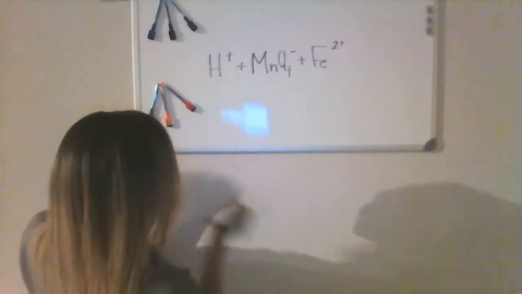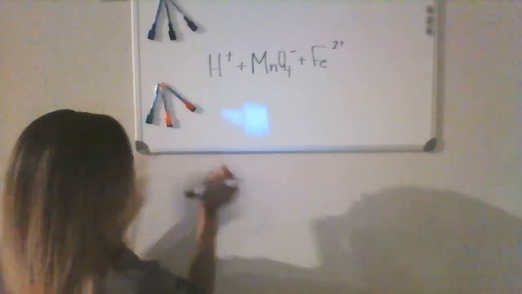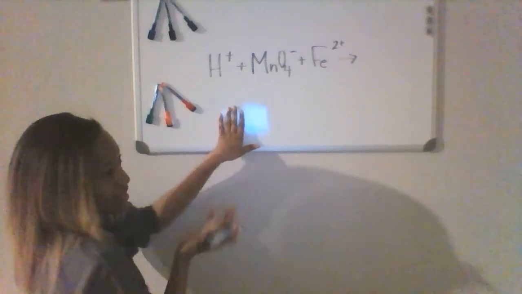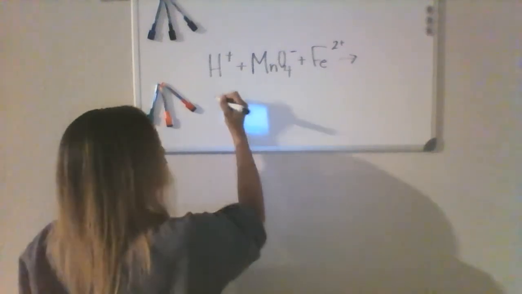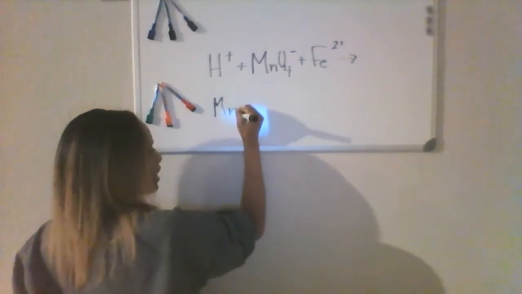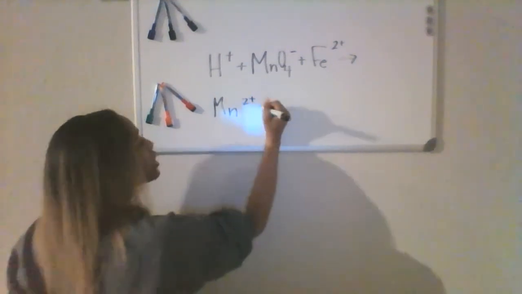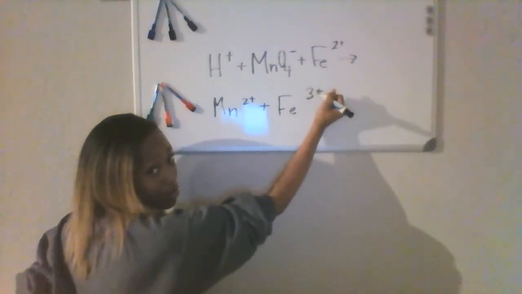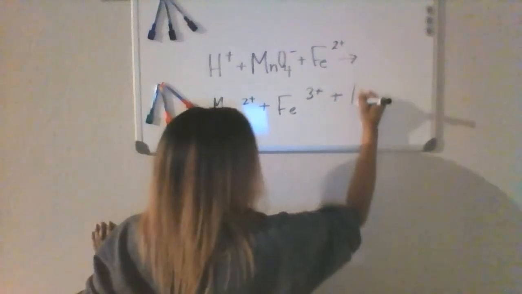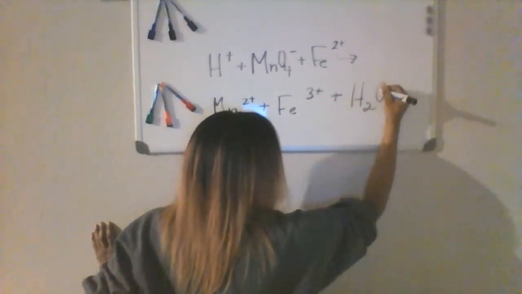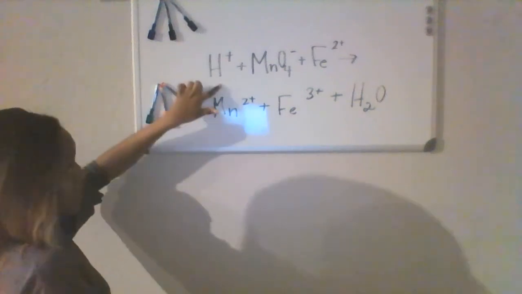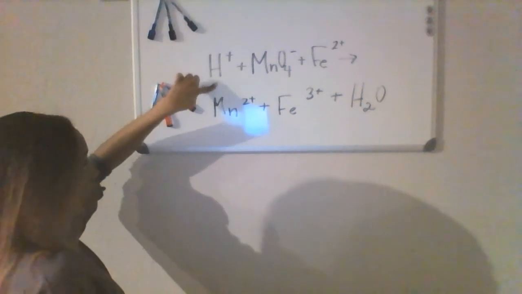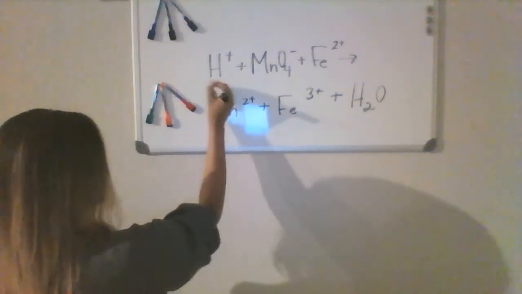And because I'm definitely running out of space, I'm going to have to swing it around. So on the right-hand side, or the reaction side, we yield Mn2+, plus Fe3+, plus H2O. And the reason why we know that we're balancing in an acidic solution is because we have H+.